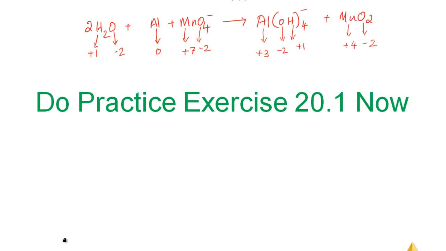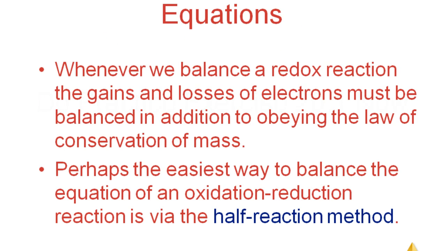Everyone is good so far, right? So now we are going to do, how do we balance oxidation reduction reactions? Whenever we balance redox reactions, there is an additional step. When we usually balance reactions, we just obey the law of conservation of mass, right?